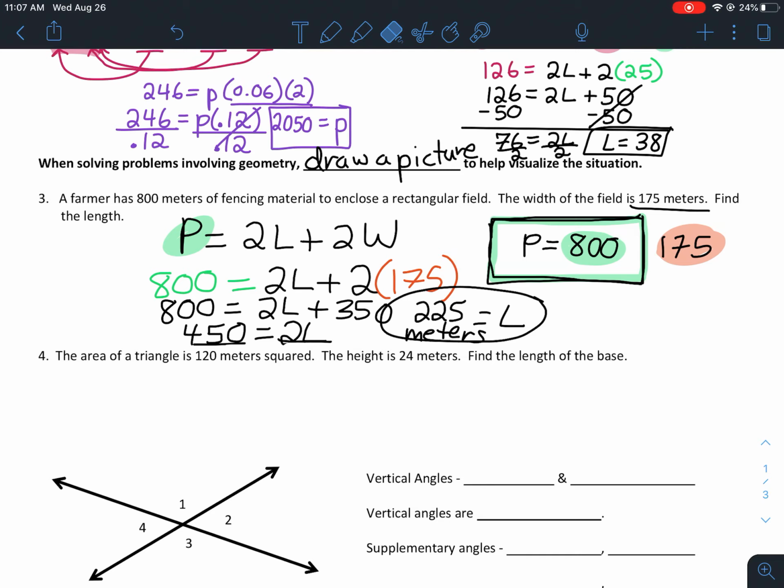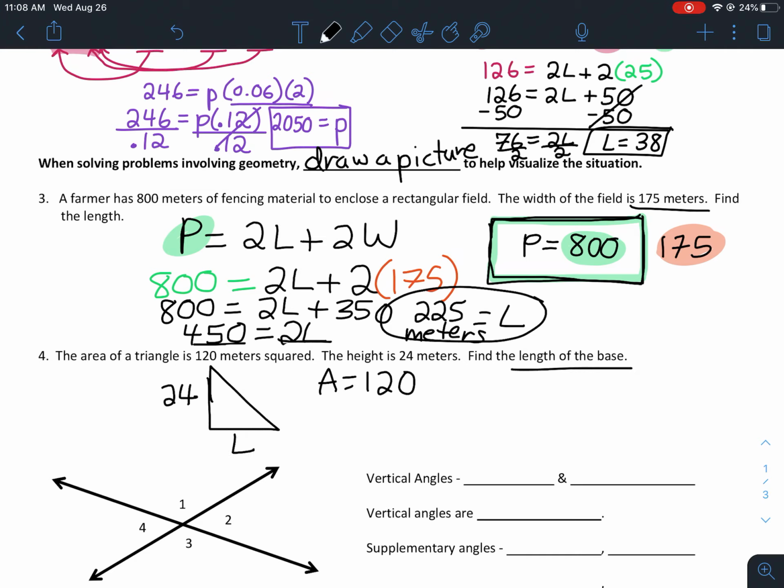My next problem says the area of a triangle, so now I have a triangle, is 120 meters squared. The height is 24 meters. So I have a triangle, the height is 24 meters, and I know the area equals 120 meters squared, and I want to find the length of the base.